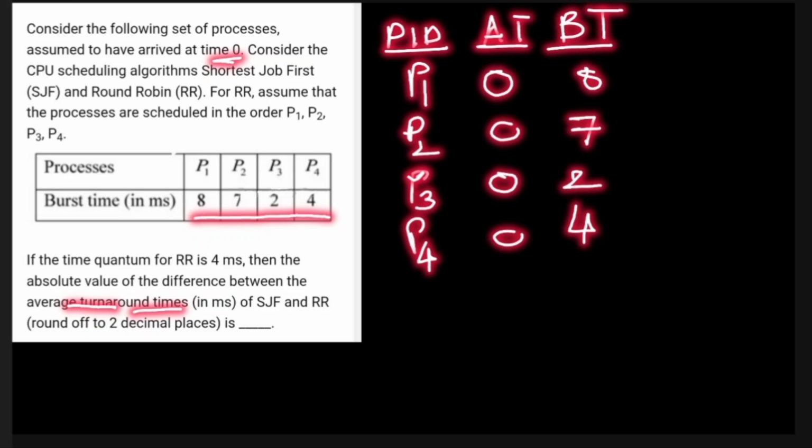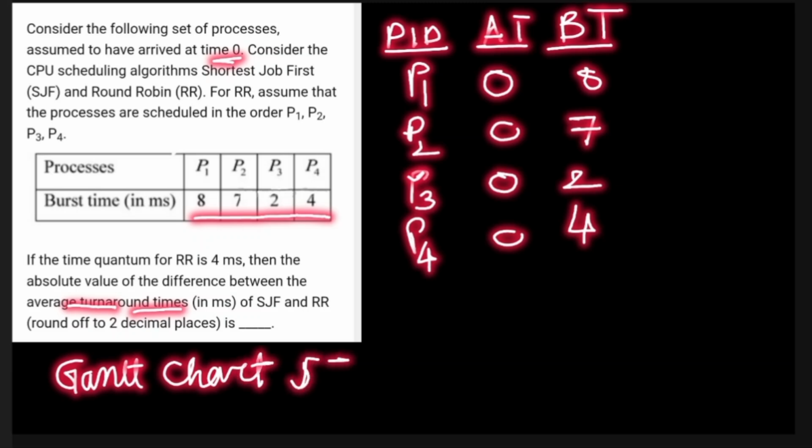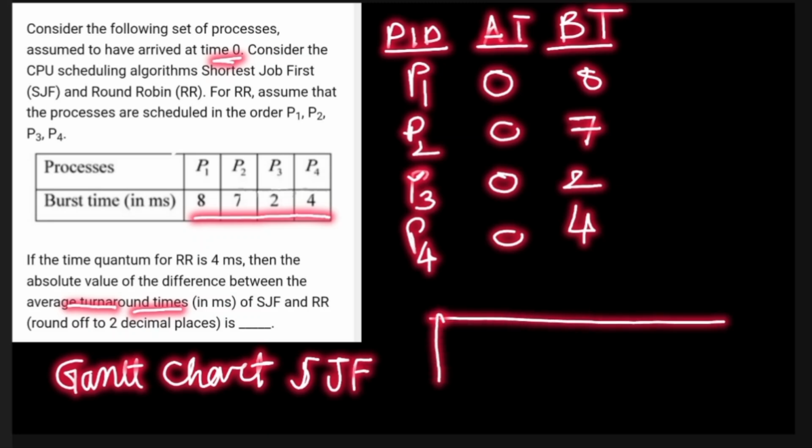So we have to find the average turnaround time. For that we have to draw the Gantt chart. We all know how to draw the Gantt chart. We are considering here shortest job first. First the time is 0.